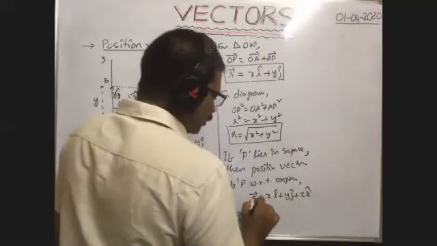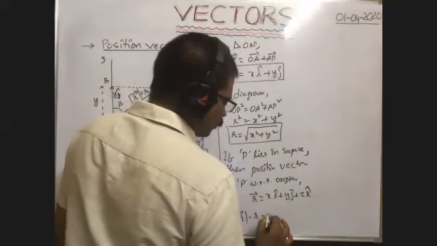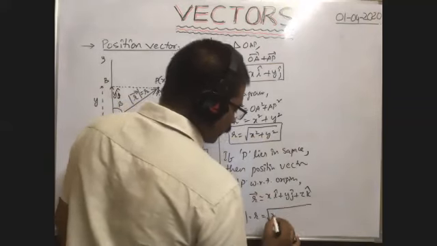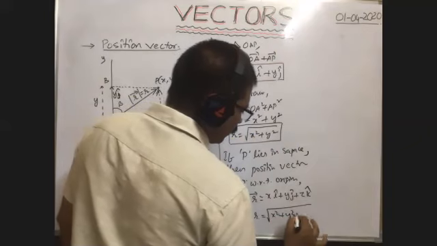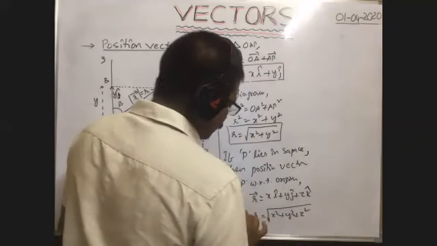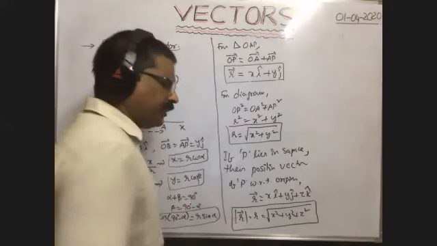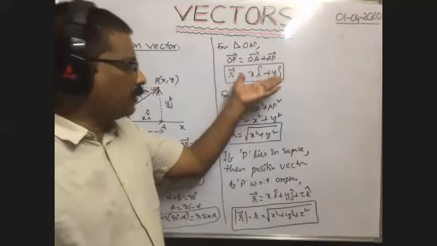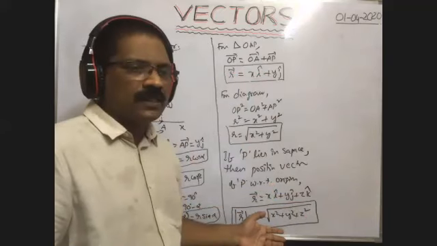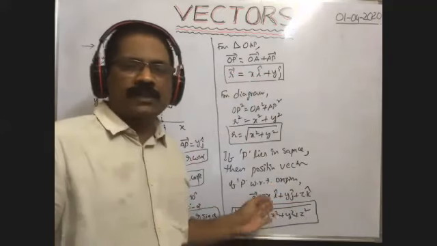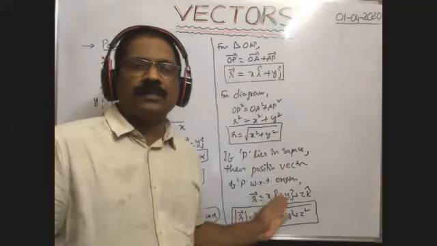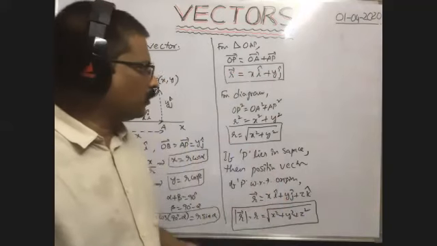So the magnitude of this position vector r is equal to the square root of x component square plus y component square plus z component square. This is the magnitude of the position vector. If any vector is given in this form, what is the magnitude? We have to write the square root of x component square plus y component square plus z component square.